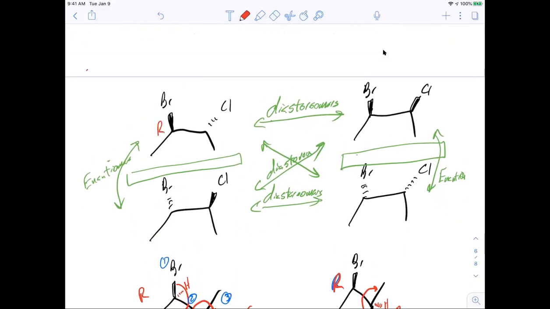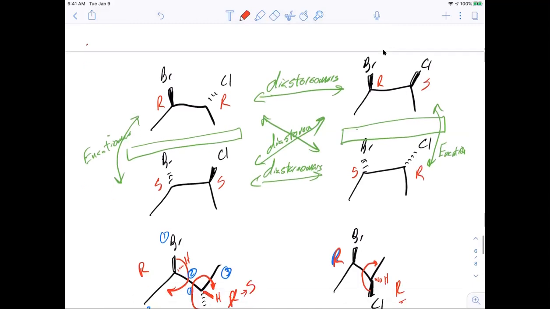That's an R, this is an S, this is an R, this is an S. For the chlorine, we have 1, 2, 3, that is S, so this is R. 1, 2, 3. This is S, S, and R. Okay.